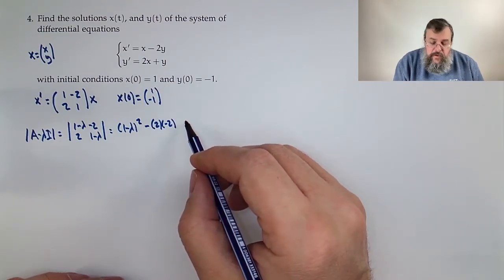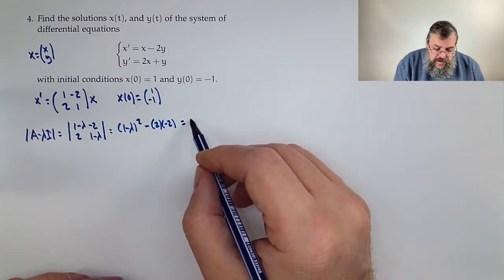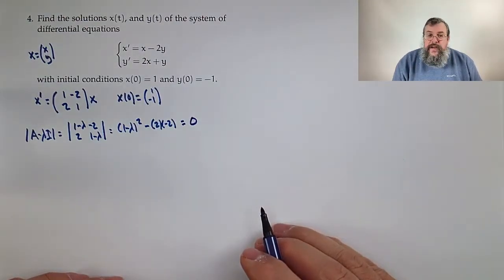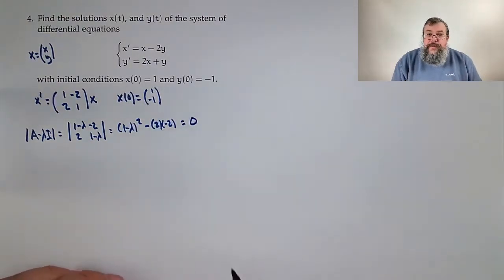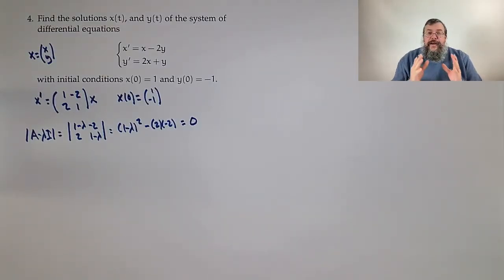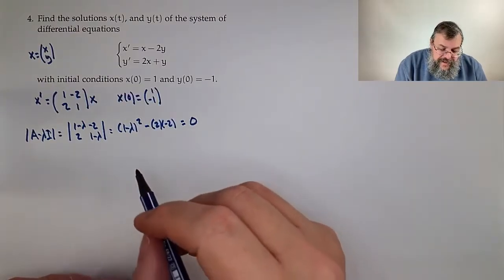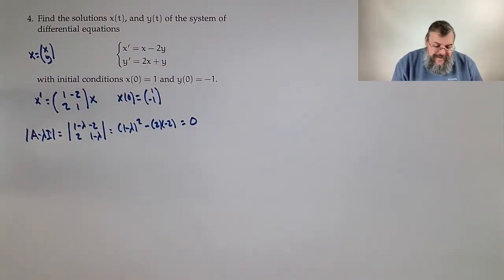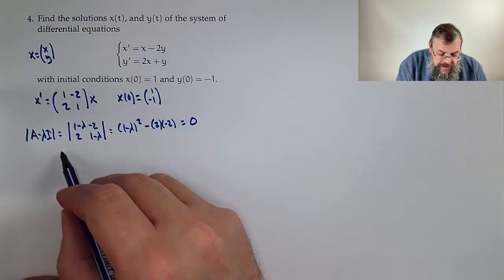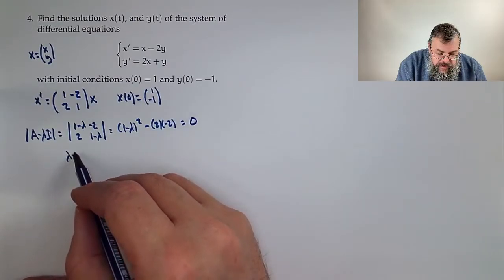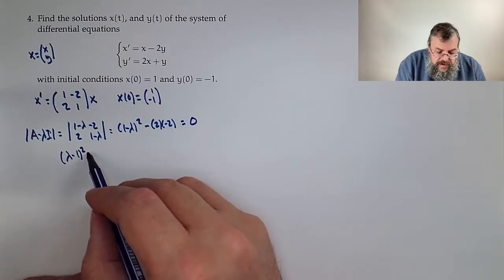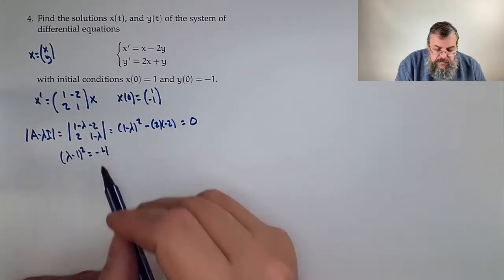What does this become? Well, we can actually save ourselves a little bit of work here. Set it equal to 0, right? And we see a square plus a square equals 0. That sounds a little bit complex, right? Because I can't have a positive and a positive end up with 0. That's not possible. Well, you can if complex numbers are involved. Because this is 4, that says 1 minus lambda squared, which by the way is the same as lambda minus 1 squared, has to equal negative 4.